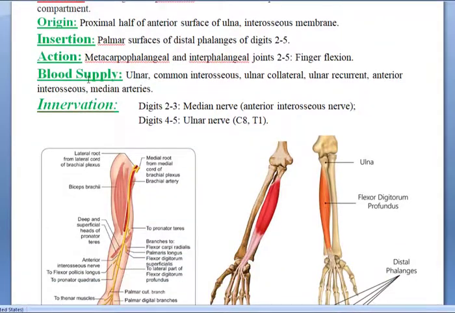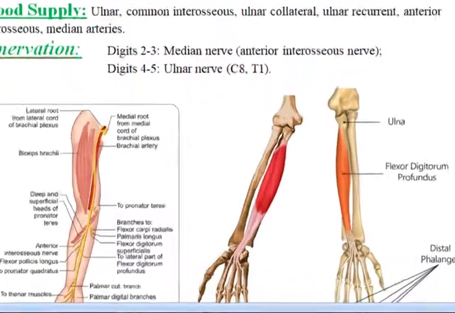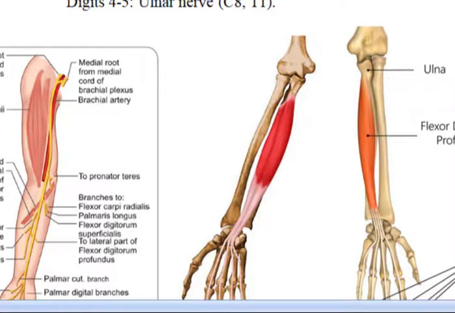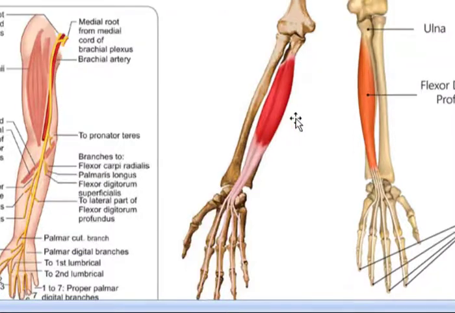What is its origin? It gets its origin from the proximal half of the anterior surface of the ulna and the interosseous membrane. And what is its insertion? It inserts into the palmar surface of the distal phalanges 2, 3, 4 and 5.